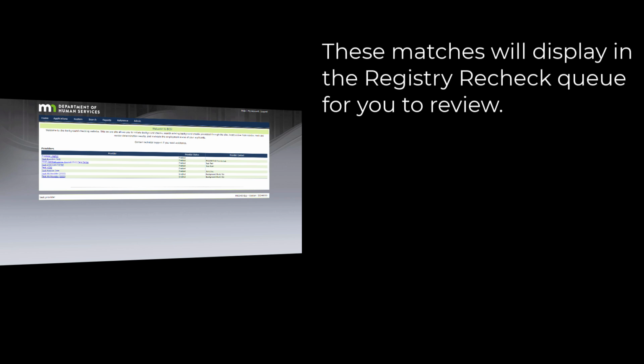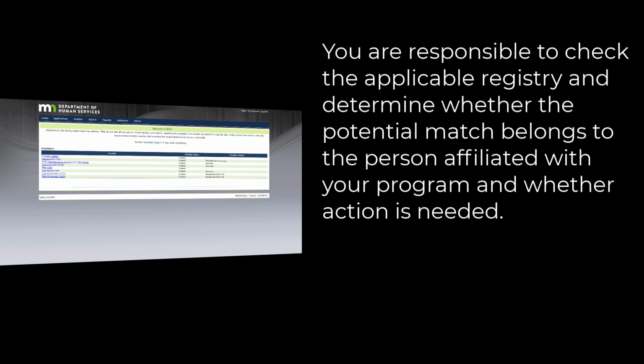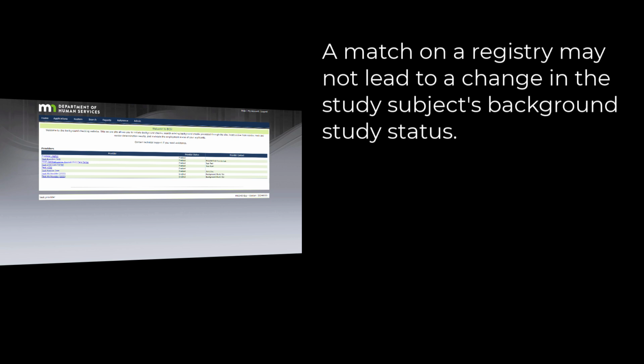These matches will display in the registry recheck queue for you to review. You are responsible to check the applicable registry and determine whether the potential match belongs to the person affiliated with your program and whether action is needed. A match on a registry may not lead to a change in the study subject's background study status.